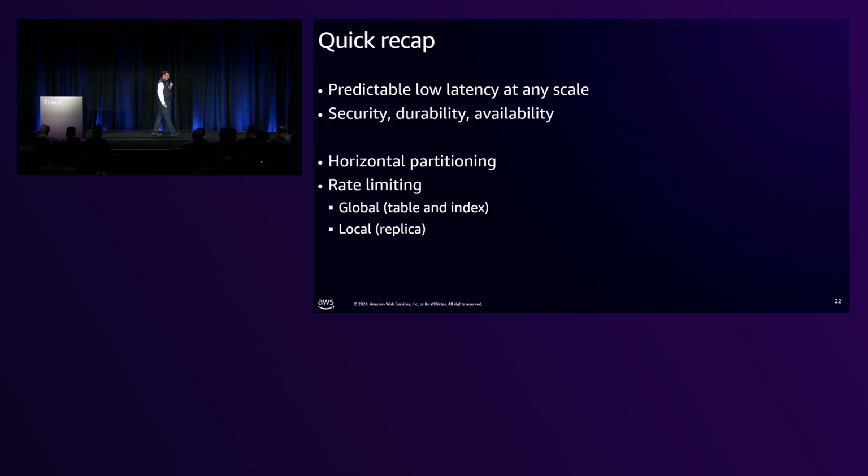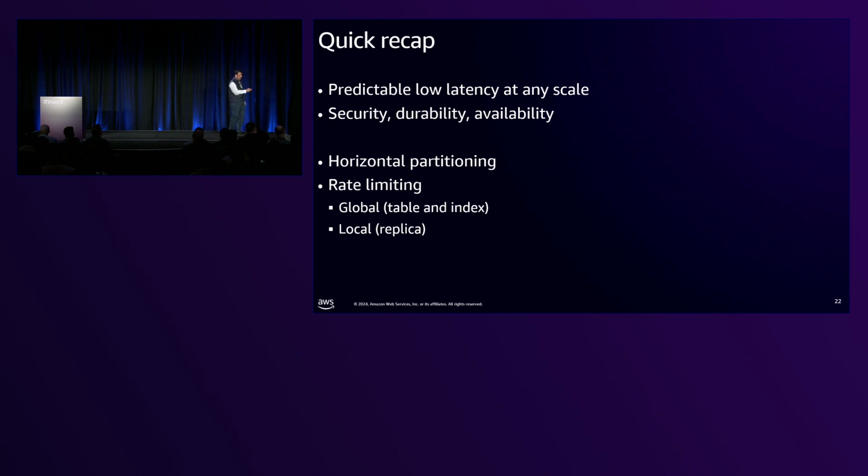So let's quickly recap what we've done so far. We're all about giving you predictable, low latency at any scale. We do this through horizontal partitioning. We have to make sure that you comply with whatever rate limits there are on the shared infrastructure and whatever you've set for your table as provision mode limits or as on-demand table limits.